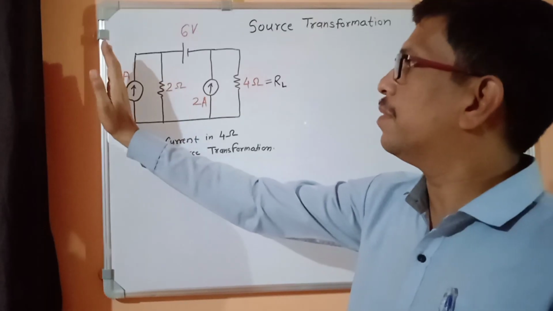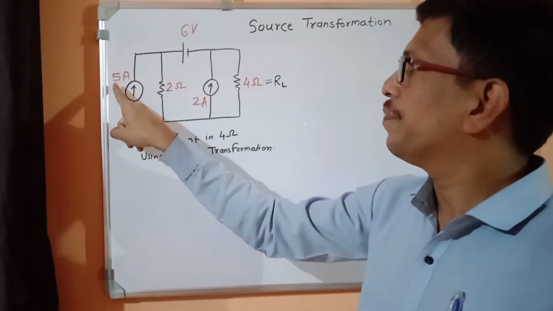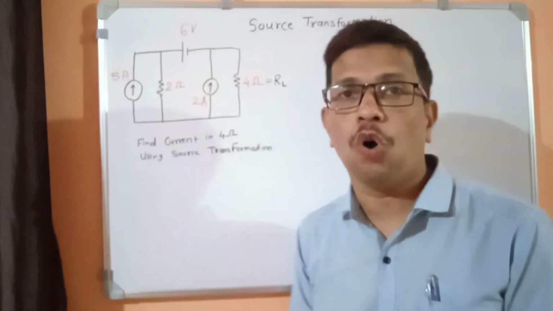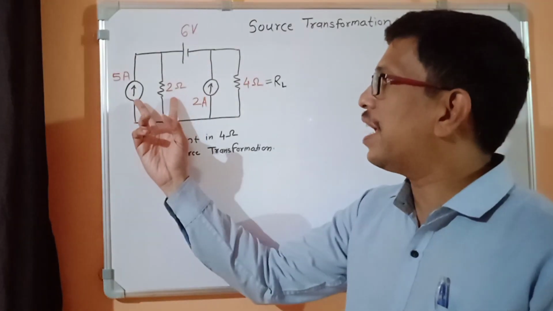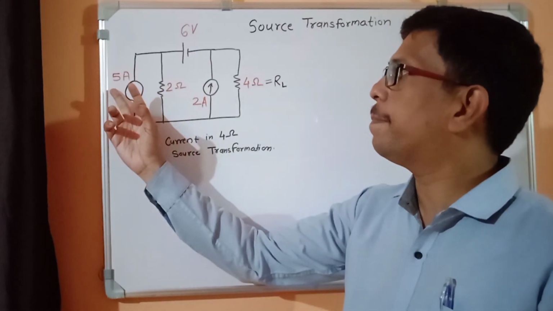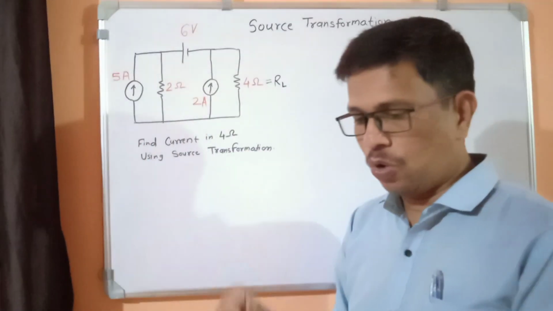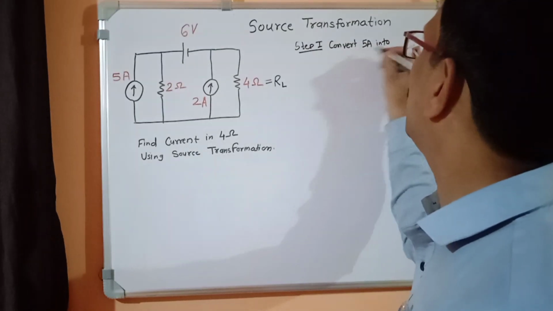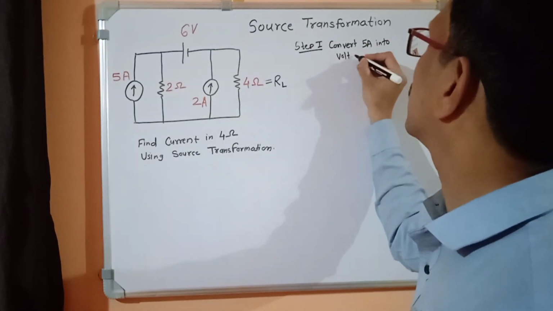From this side, we see a 5 ampere current source in parallel with the 2 ohm resistor. So our first step is to convert this 5 ampere current source into a voltage source.